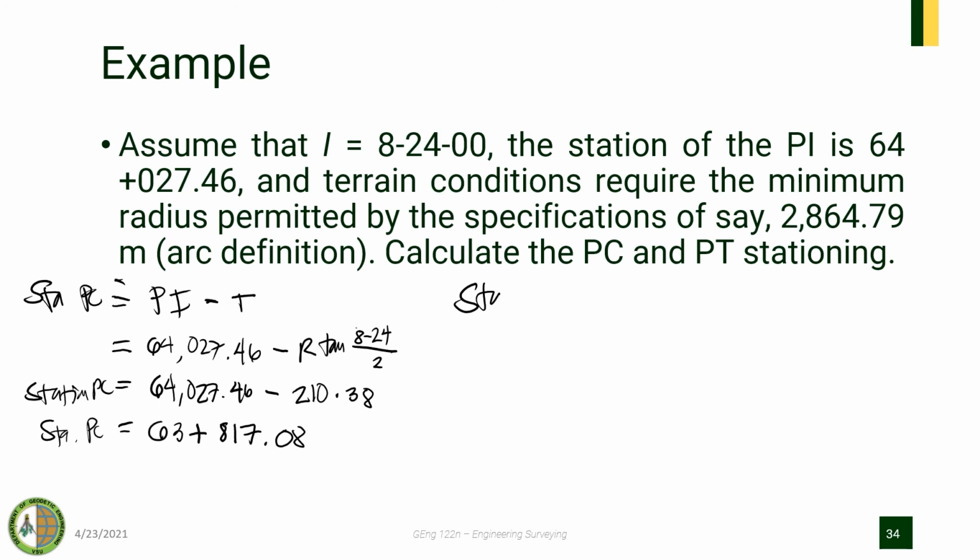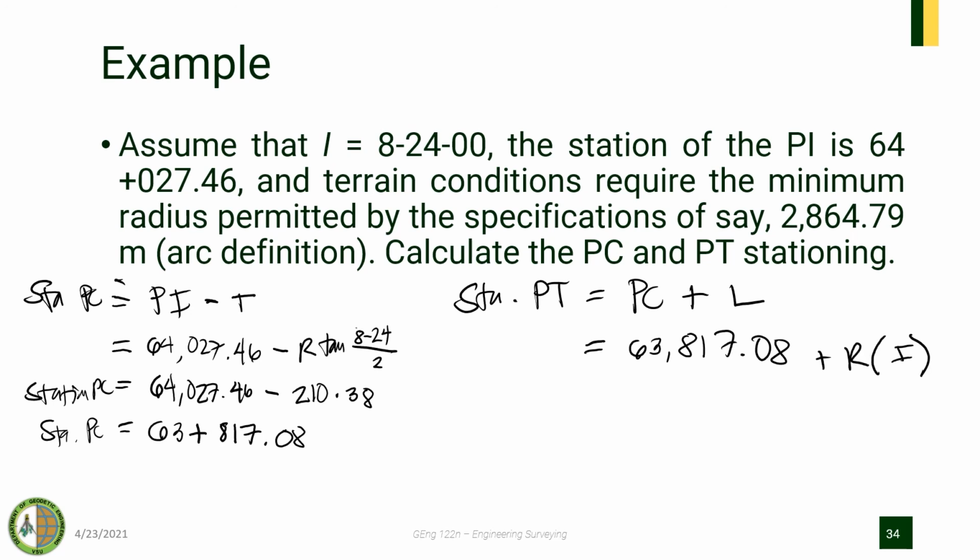To calculate station PT, that is station PC plus the arc distance or the length of the curve. Station PC is 63,817.08 plus the arc distance, which is computed by R multiplied by the central angle in radians.